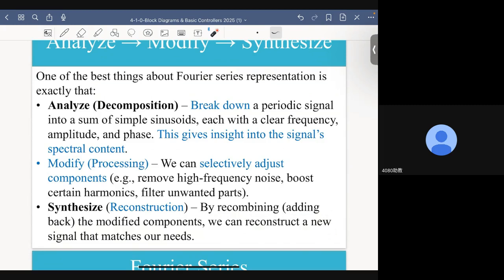In order to process signals, you need to use Fourier series, because with the assistance of Fourier series, you can actually see the frequency components of that signal. And by changing one component at a time, you can modify the signal to match your needs, all right?